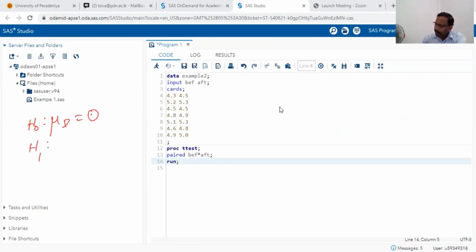Alternative, mu d, let's say if it is after minus before, this value should be, if there is an effect of the hormone, greater than 0 or less than 0?